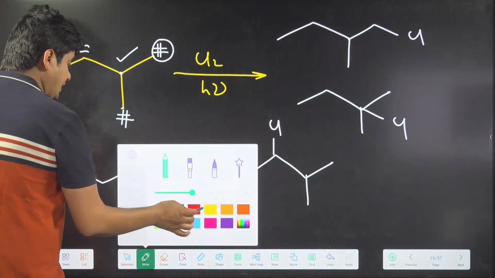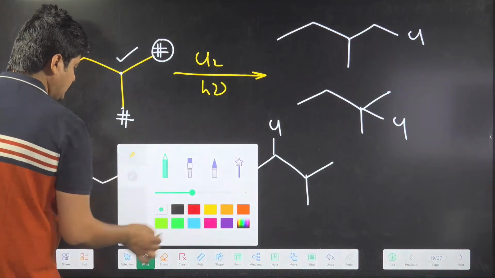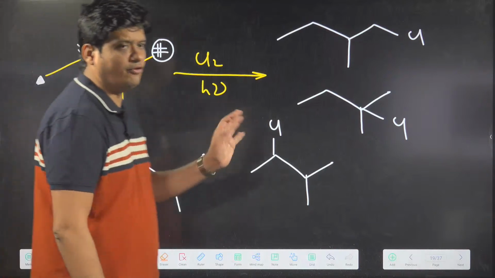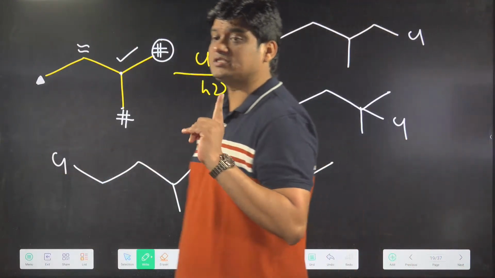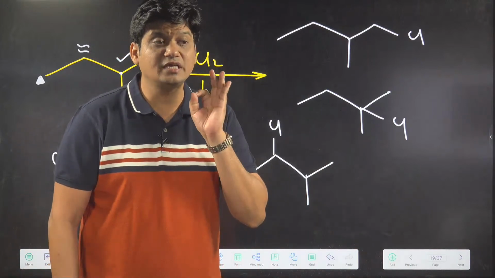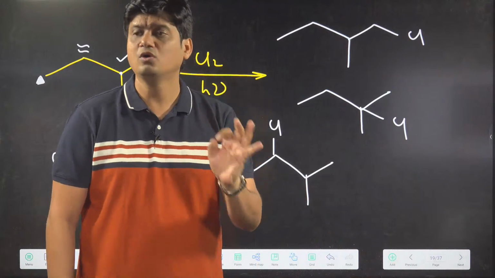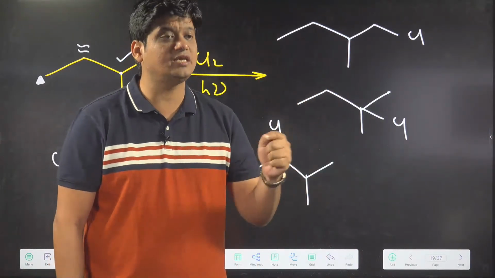Now, if the examiner is asking how many monochloro products are formed, then don't directly answer 4 for this example. Why? Because they are not mentioning structural isomers only. They are saying how many monochloro products are formed. Then we have to check stereo centers also.